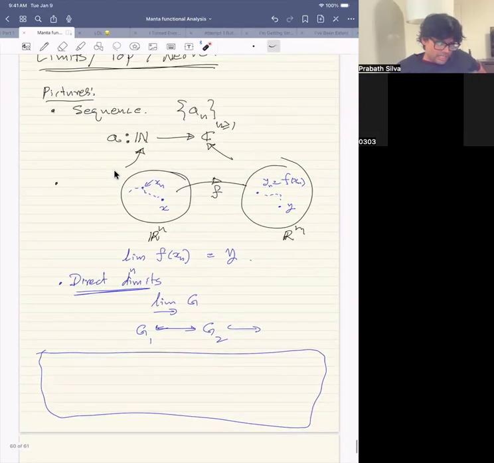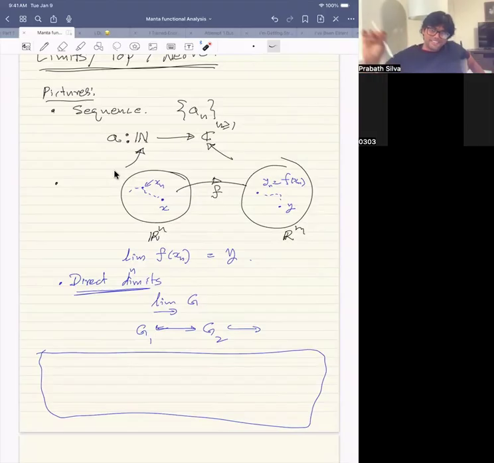In here you want to think about maps between these objects, like arrows, that give you the direction. And now instead of complex numbers, we have groups.